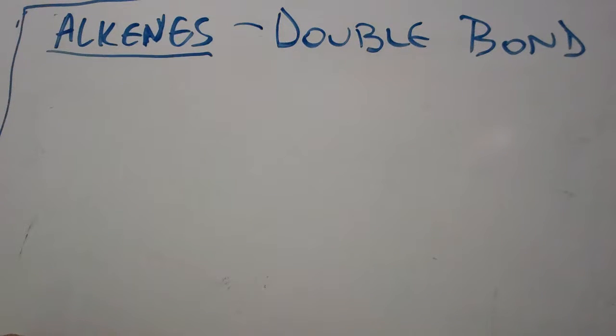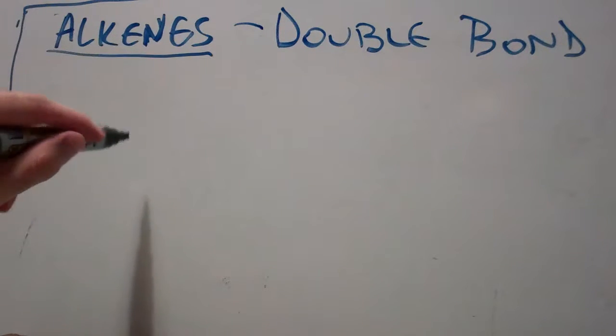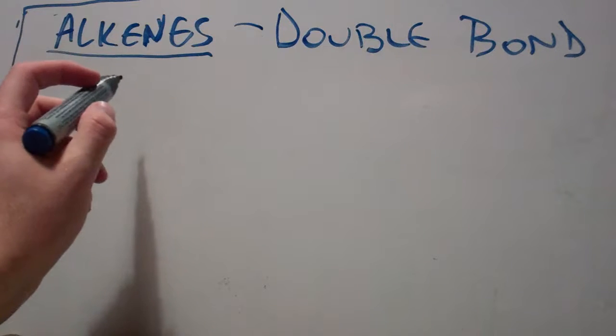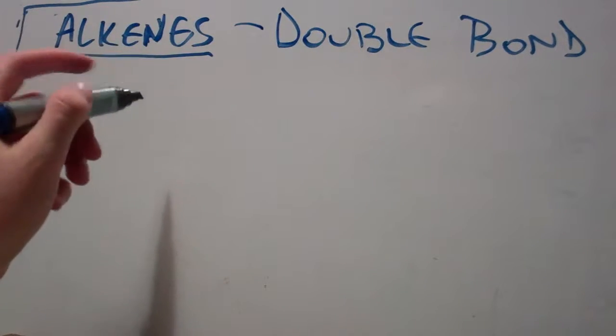Obviously, you cannot have a double bond with 1 carbon because there's only 1 carbon, and to have a double bond, it needs to be bonded to another carbon, and therefore there's 2 carbons, so it'll be called ethene. So the first alkene is ethene, and when we draw our alkenes, we're going to draw them in a similar way we drew our alkanes, just a quick way.